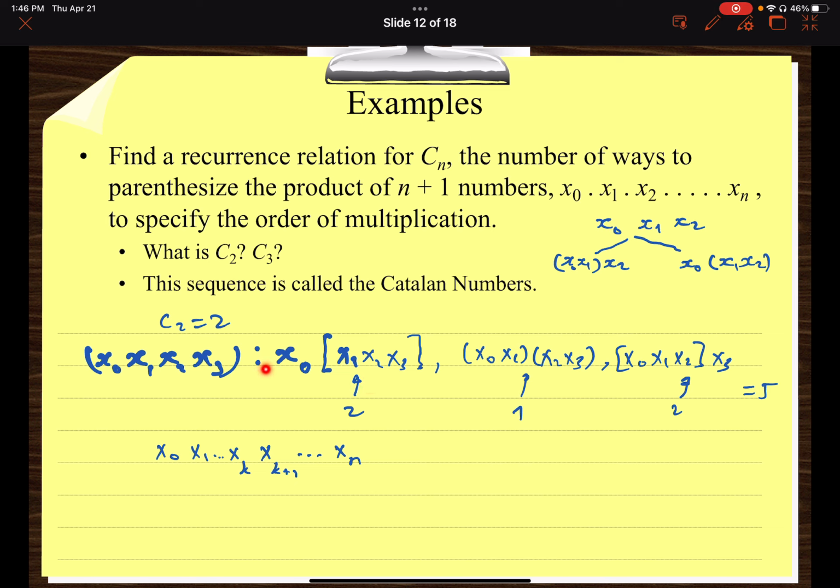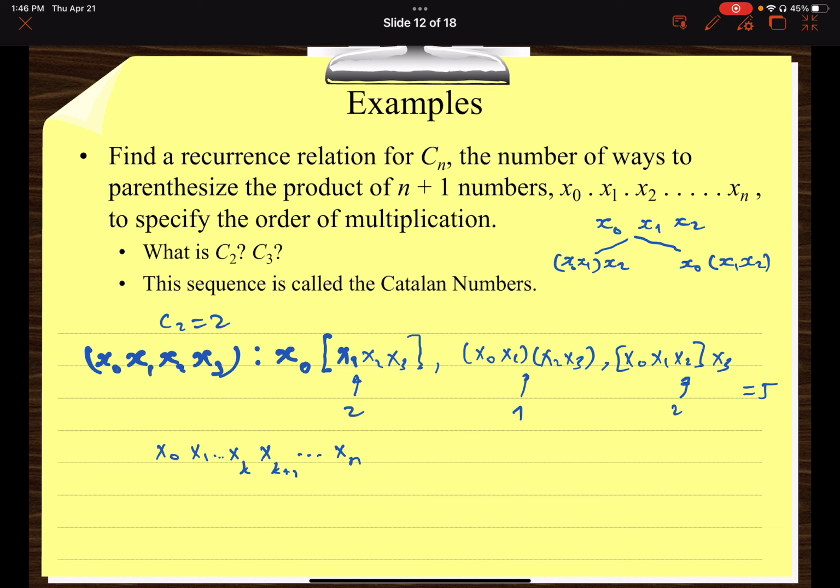For each parenthesization on the left, I can choose any parenthesization on the right, so it's basically a multiplication. So if the last one was this one, I do x0 up to xk and I multiply it with xk plus 1 up to xn.